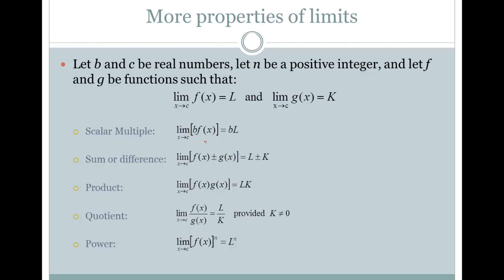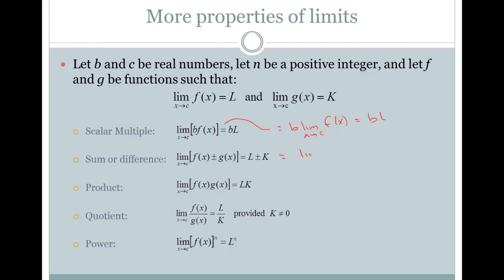In other words, I could rewrite this right here to be equal to b times the limit as x approaches c of f of x. And we know that this part here is equal to L, and that's where it became b times L. Here I can write this and break them up.